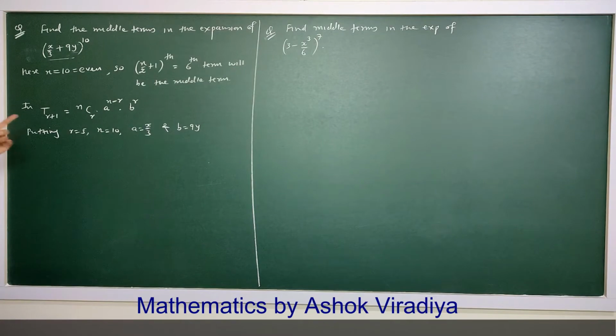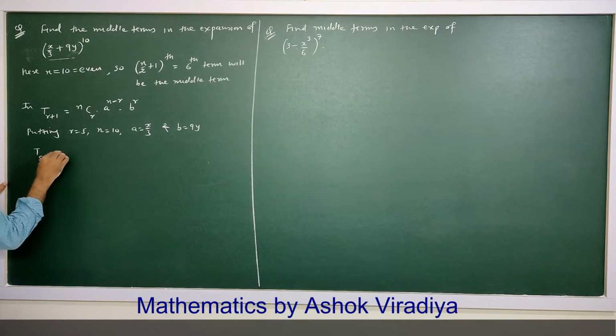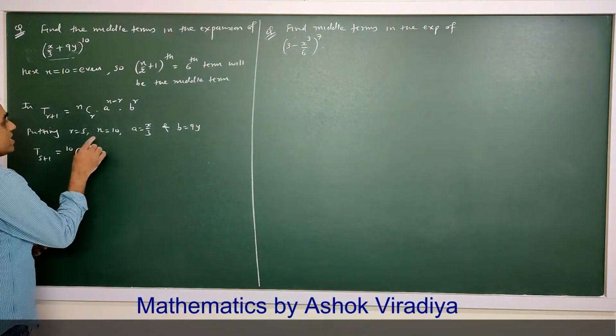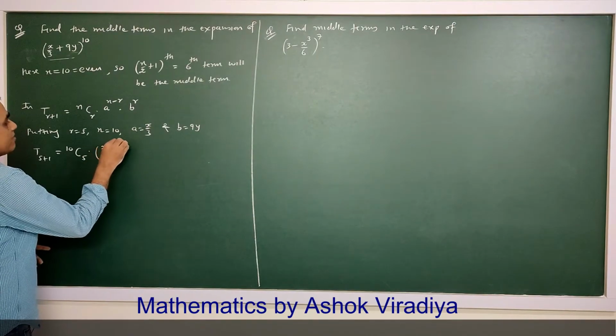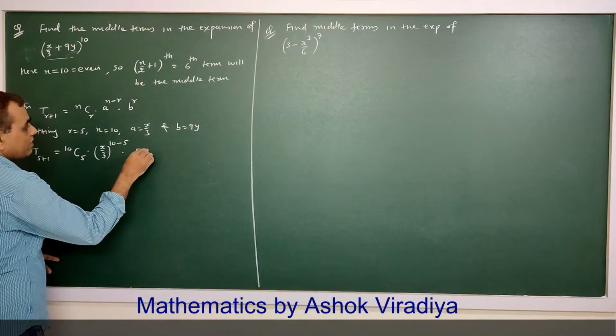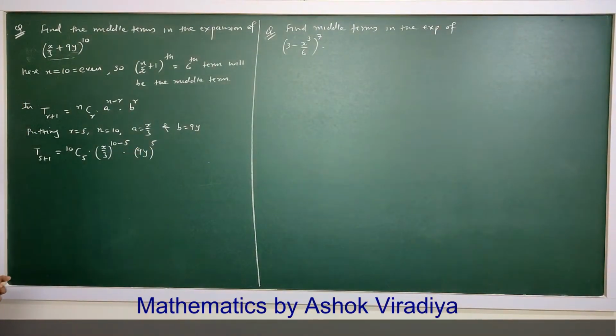So putting these values in this formula, we have T5 plus 1 equal to n is 10, 10C5, r is 5, a is x by 3 raised to 10 minus 5, b is 9y raised to 5, r we have taken 5.